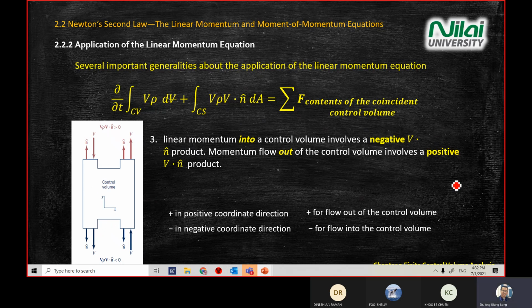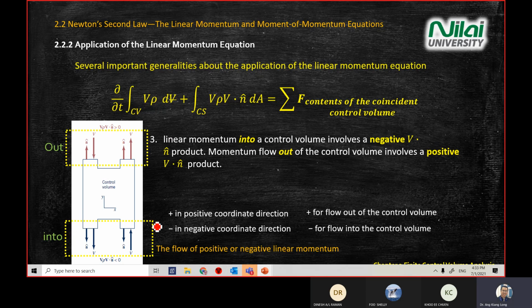So what do we mean by this number 3 statement here? The first thing is that you need to look at what is your inlet and what is your outlet. Before you start solving a question, you need to look at where the inlet and the outlet are. I will highlight with the yellow dashed box that you see on your screen here.